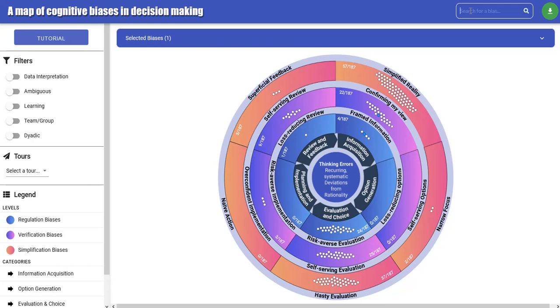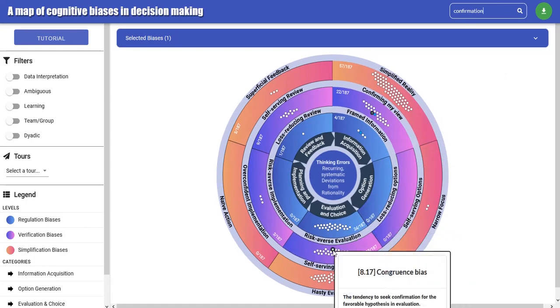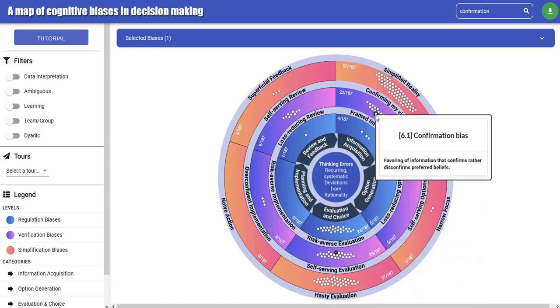Another way to look for the biases is the search query, of course. You just enter what you're looking for and you see the biases linked to confirmation are highlighted. One is congruence bias and another, the one we were looking for, confirmation bias. It shows the classification.